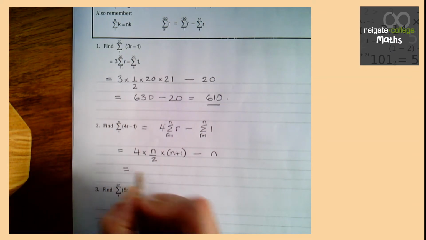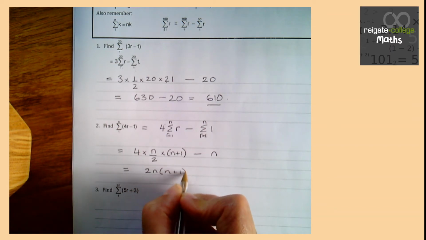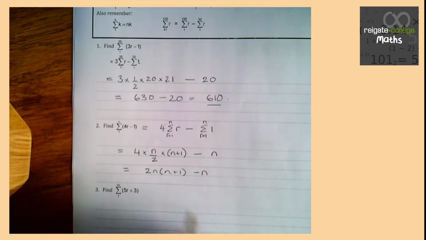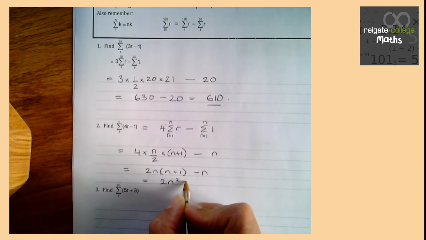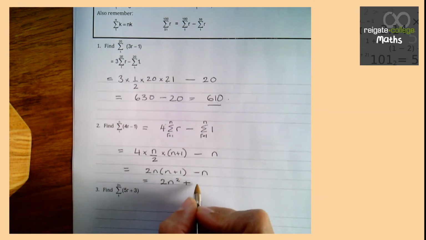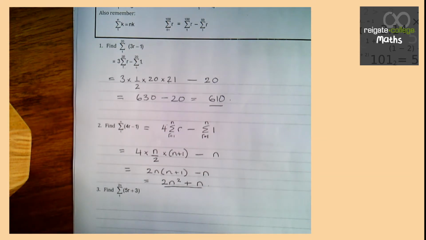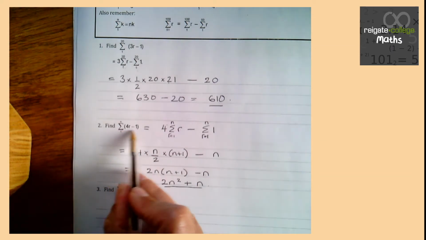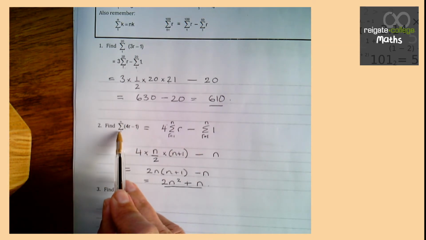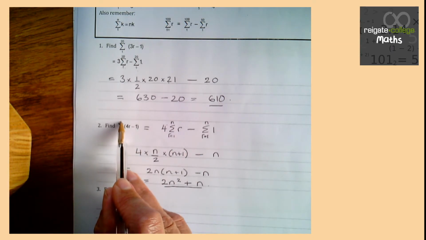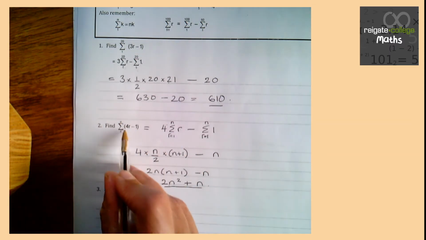You need to tidy that up a little bit. This is 2n, n plus 1, minus n, which we might write as 2n squared, 2n minus 1n is n. And there's our algebra expression. So if I wanted to find that sum, say for n equals 100, I could just put 100 in here. This formula will give me that sum.